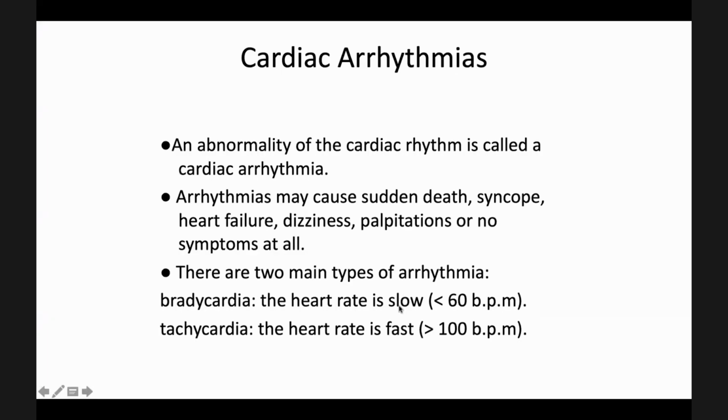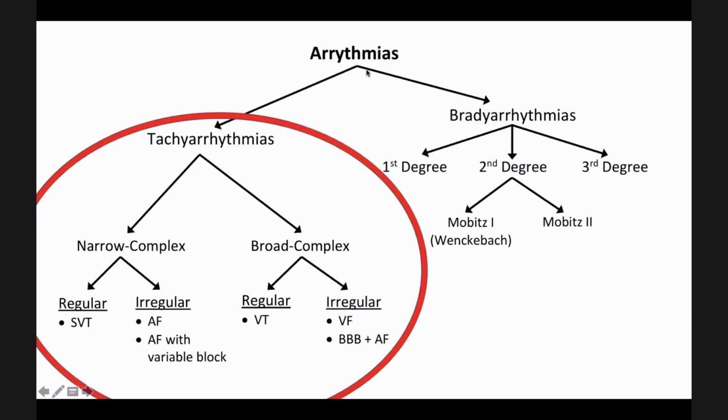So arrhythmias are of two types: bradyarrhythmias or tachyarrhythmias. This is a flow chart I made for you all, to make it simple to learn, showing tachyarrhythmias and bradyarrhythmias. Under tachyarrhythmias you get two types: narrow complex tachycardia or broad complex tachycardia.